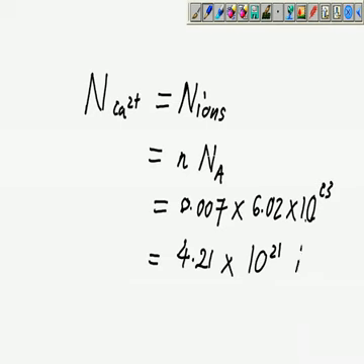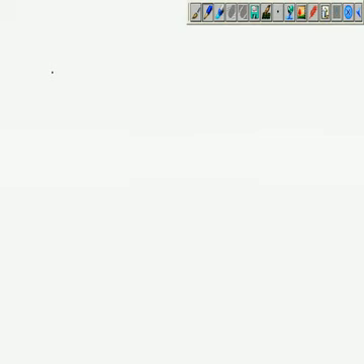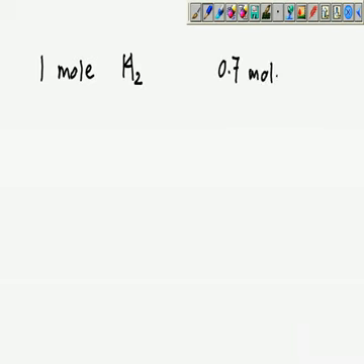Let's move on. Number 4. Given 1 mole of hydrogen gas H2 and 0.7 moles of sulfur dioxide, which one has more atoms? Give your reason. Okay, let's put the information forward. 1 mole of hydrogen molecules and then 0.7 mole of sulfur dioxide.